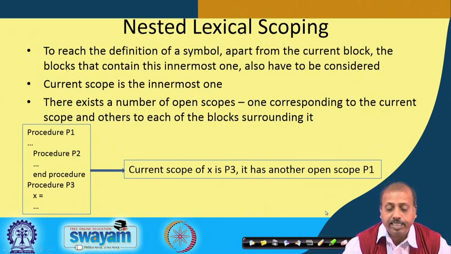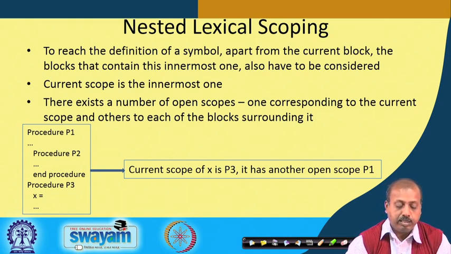Now, nested lexical scoping. To reach the definition of a symbol apart from the current block, the blocks that contain this innermost one also have to be considered. Suppose this is the situation.